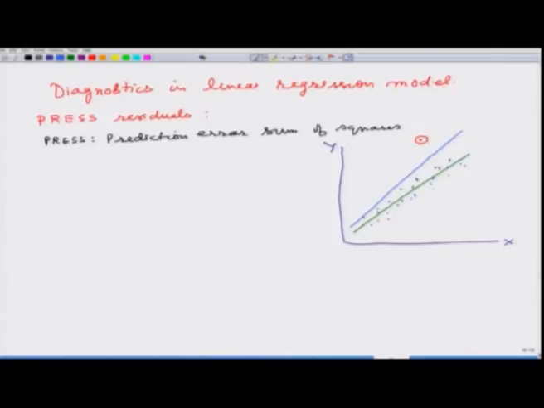So one can see that the earlier regression line is now shifted in this direction when a value which is quite far from the existing observations is added to the data.